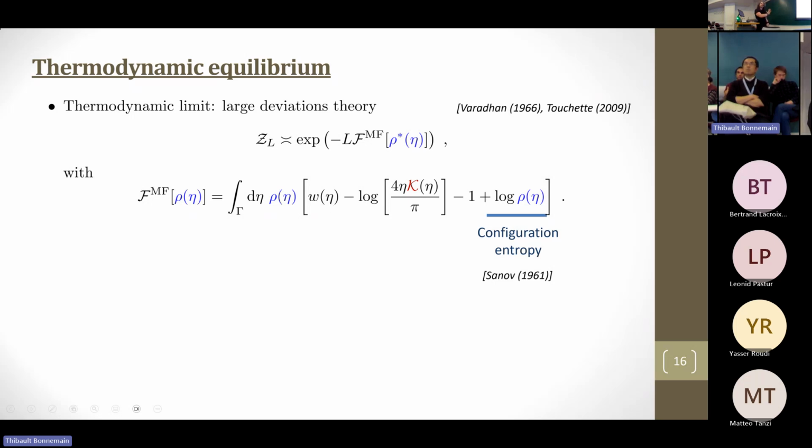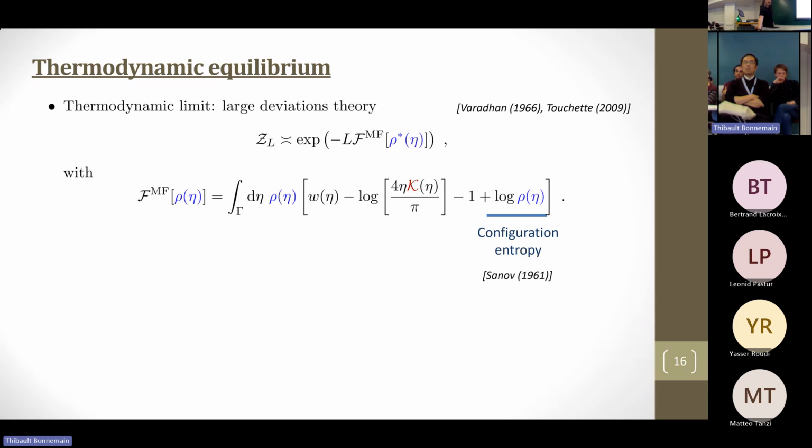In this energy functional, the first three terms are exactly the same as on the previous slide, but on top of this you also have this rho log rho term, which corresponds to a configuration entropy. This comes from Sanov's theorem regarding the empirical density of spectral parameters. Again, that's because the spectral parameters are random variables, so the empirical density is a random object.